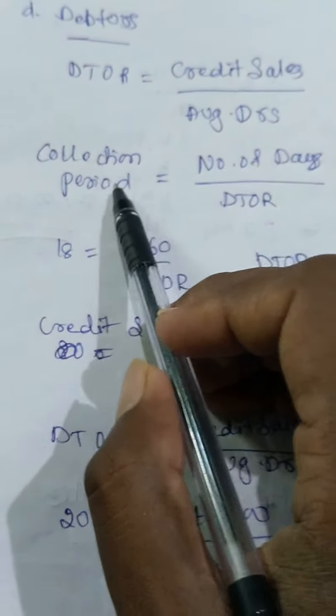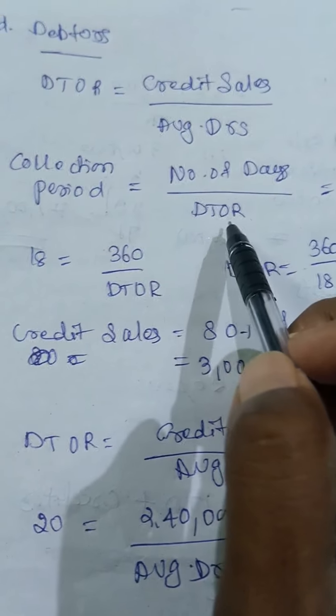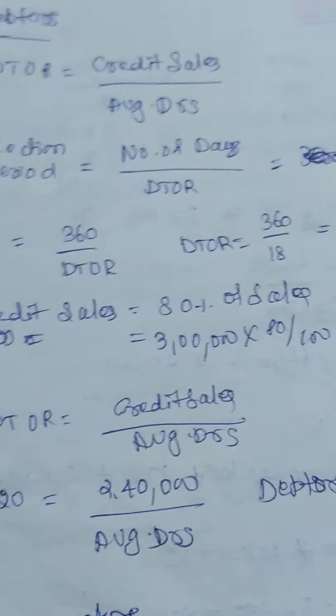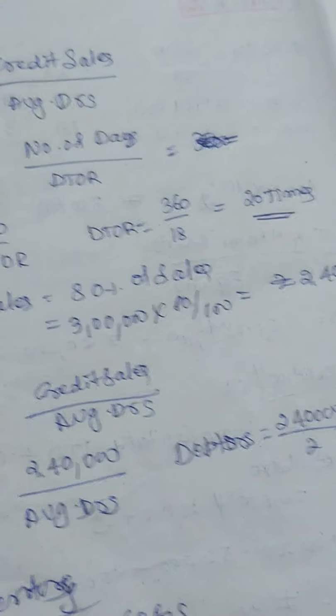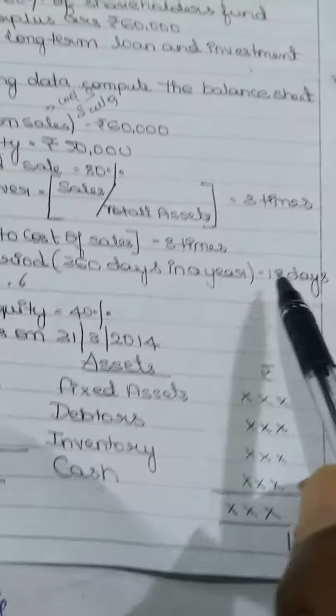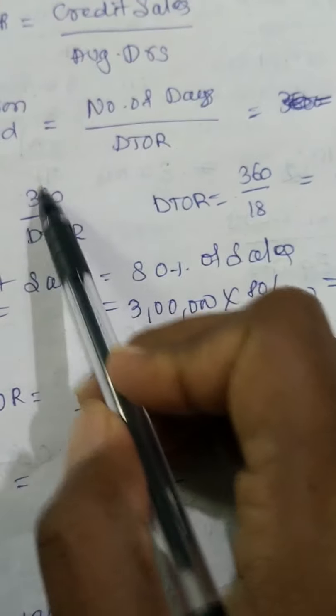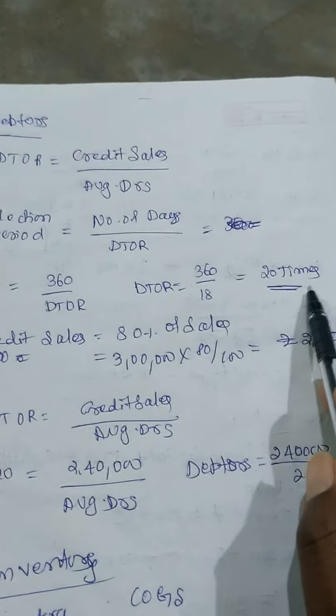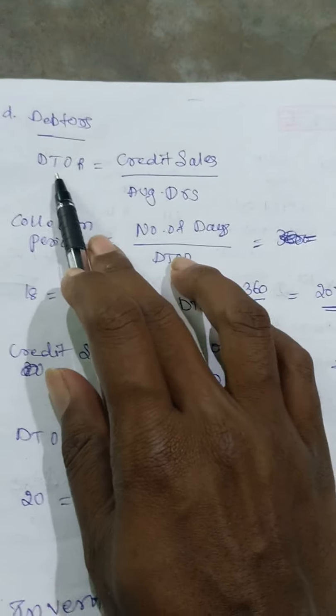For that we can use another formula: collection period equals number of days divided by debtors turnover ratio. The question gives the average collection period as 18 days, with 360 days in a year. So 18 equals 360 divided by debtors turnover ratio, and we get debtors turnover ratio is 20 times.